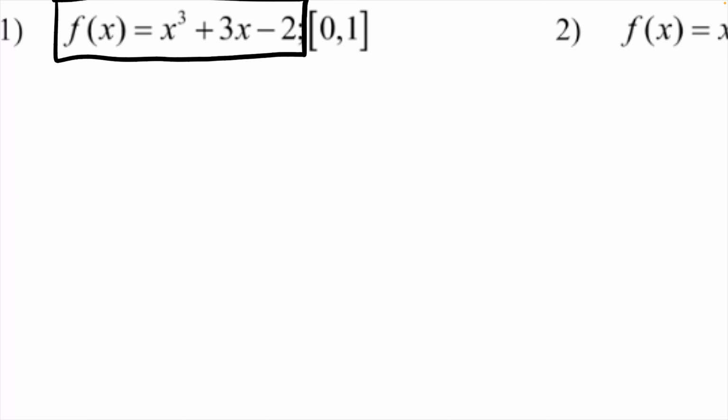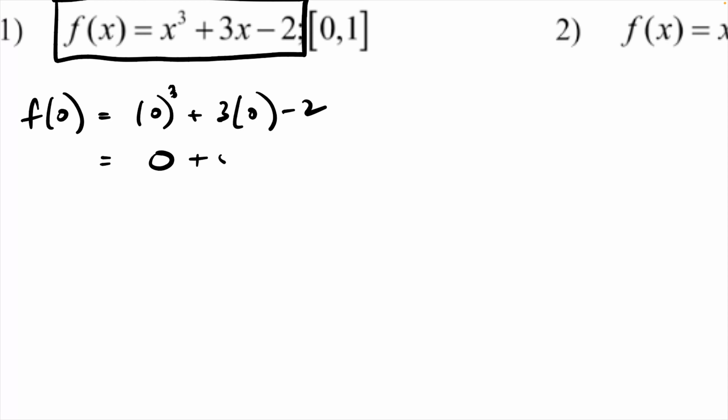So let's do it. 0 plus 0 minus 2 equals negative 2. So was I below or above the x-axis at 0? Below. Slightly below.